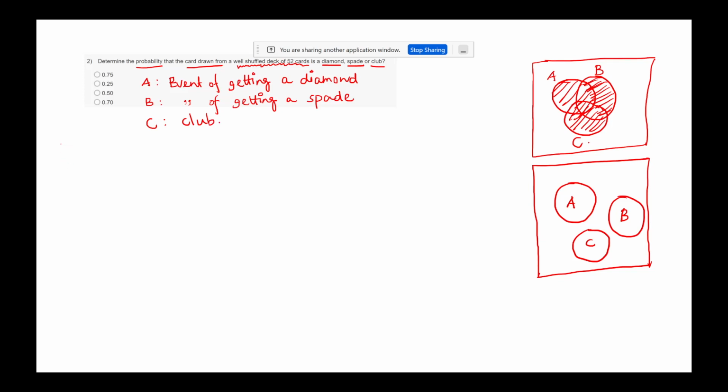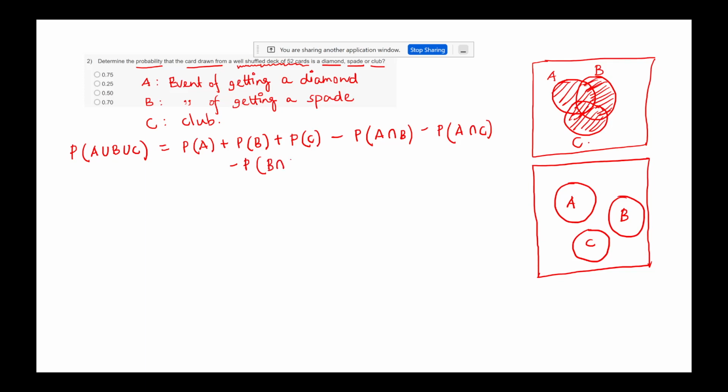Okay. Now since it is either-or, since we have to find the probability of getting diamond or spade or club, then P of A union B union C is P of A plus P of B plus P of C minus P of A intersection B minus P of A intersection C minus P of B intersection C plus P of A intersection B intersection C.